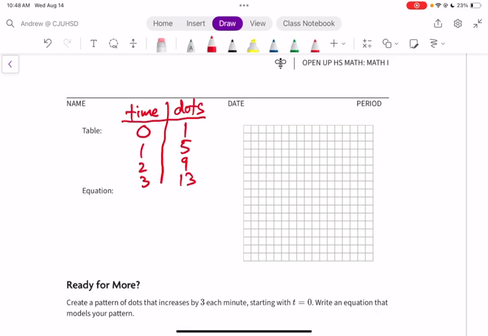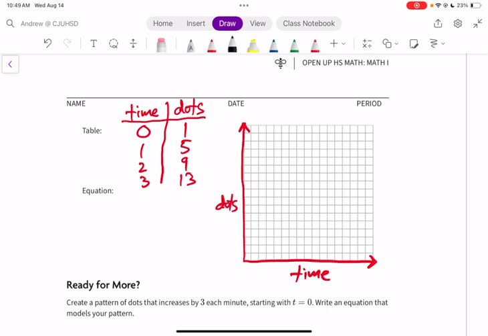Well, what does that look like when we graph it? Well, using this graph, and you can use it any way we want to. We can use the corners, so we could draw this as the x-axis. We could draw it a little bit farther in if you'd like. But here we have time horizontally and dots vertically.